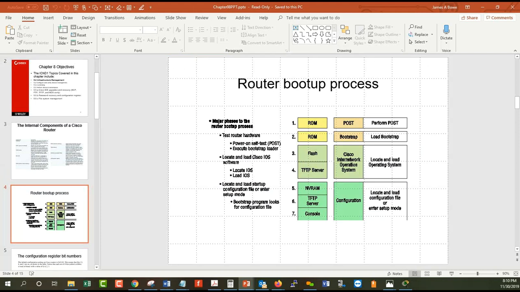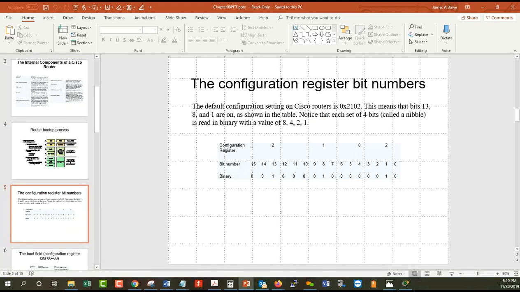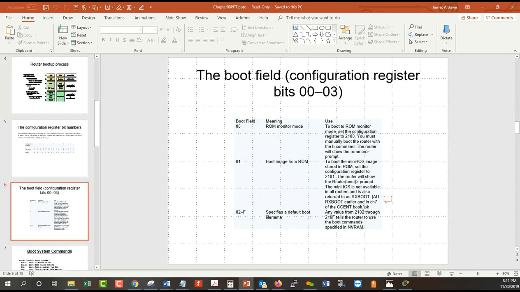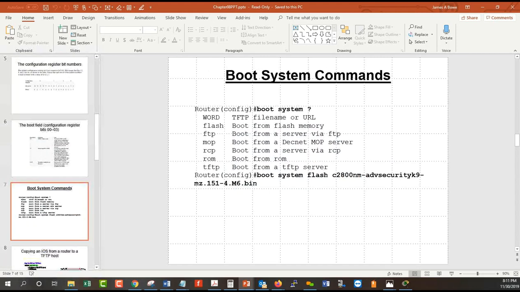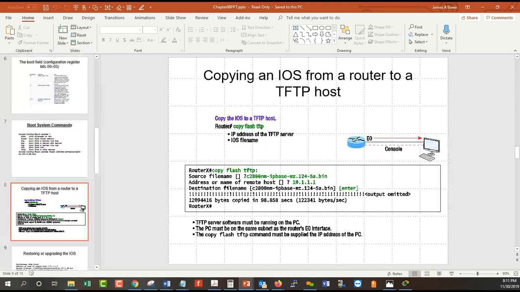The boot process, know what this is, okay? The configuration register, this is where we broke into that router, Steve. But again, we are not going to do this as part of the Packet Tracer. I may ask questions about configuring the configuration register, but I am not going to have you do it as part of the Packet Tracer portion.